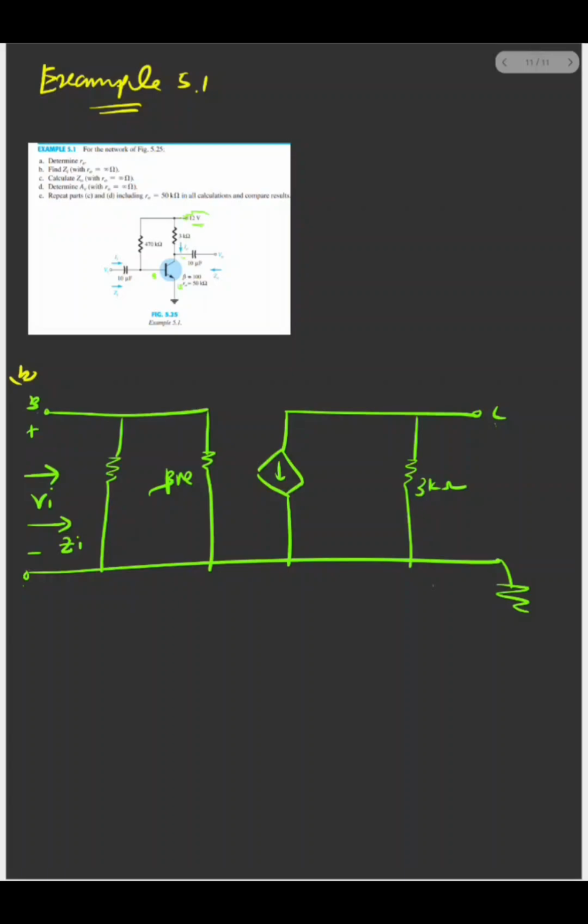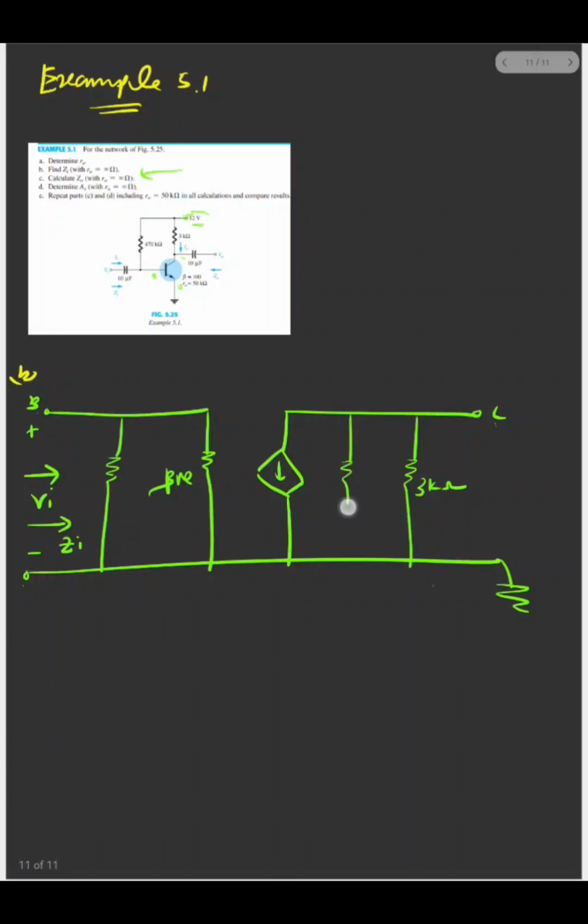And also in the AC analysis you should draw RO, it's default. But in this case we don't need to draw the RO, because the question mentions that RO is infinity.